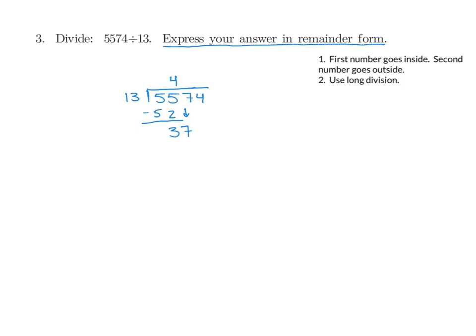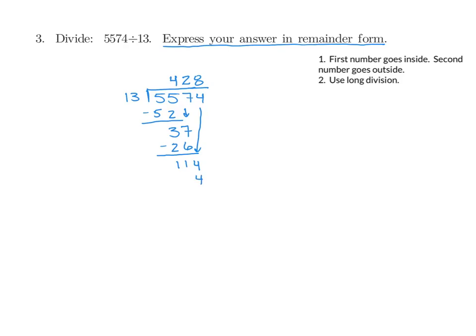13 goes into 37 twice. 2 times 3 is 6. 2 times 1 is 2. Subtract, we get 11. We bring down our 4. And 13 goes into 114 8 times. 8 times 3 is 24.